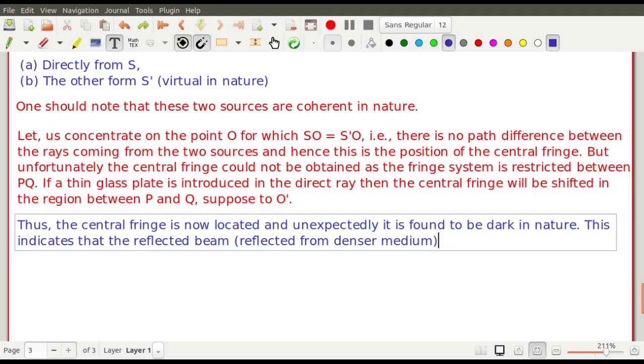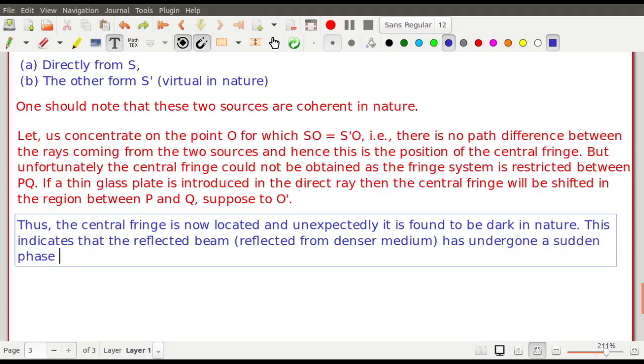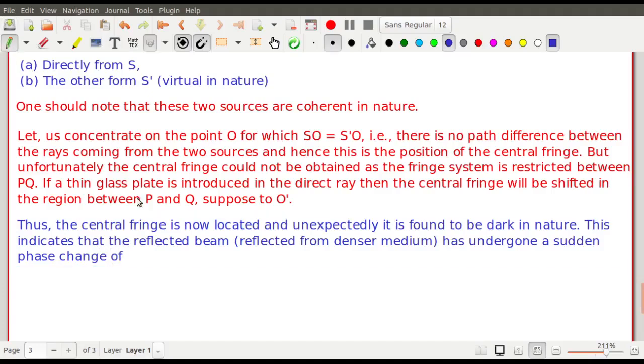So this indicates that the reflected beam, reflected from the denser medium, has undergone a sudden phase change, of how much? Has undergone a sudden phase change of pi.